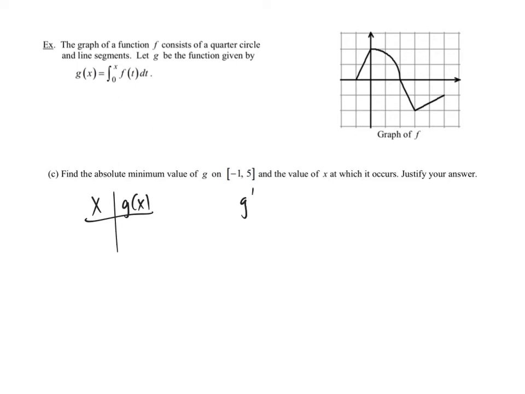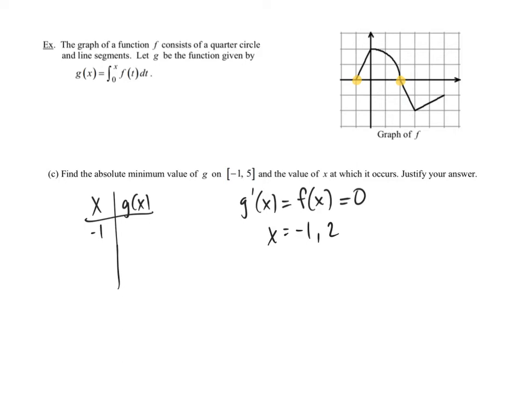The critical points come whenever g prime of x, which recall from part B was equal to f of x, is equal to 0. This happens twice on the closed interval from -1 to 5, at -1 and at positive 2. So x equals -1 and 2. Those are my critical points.